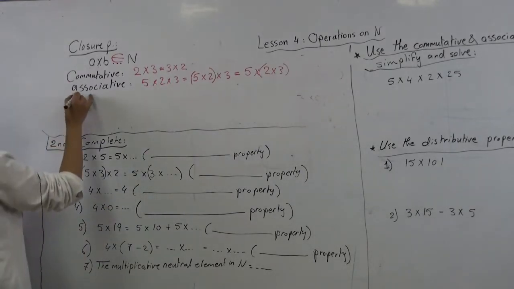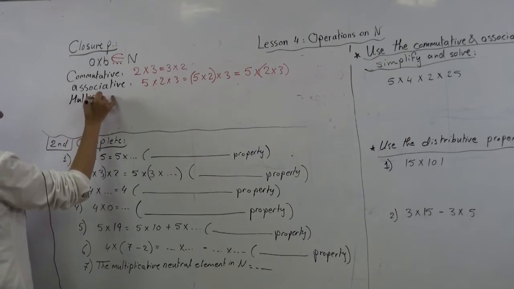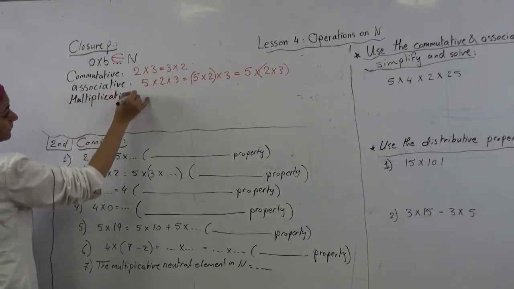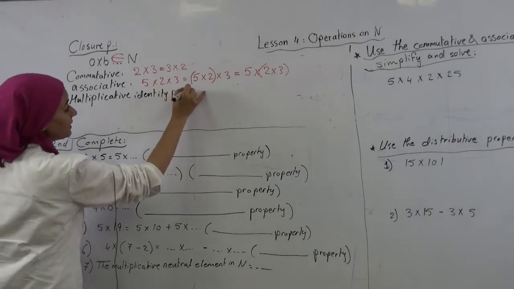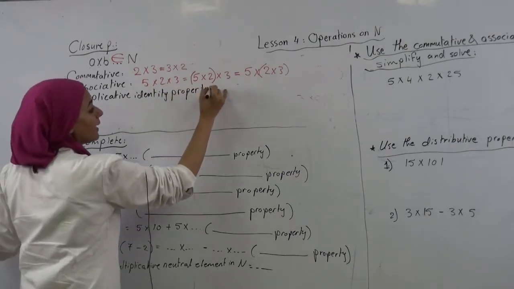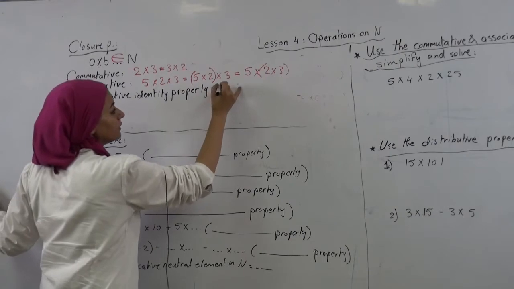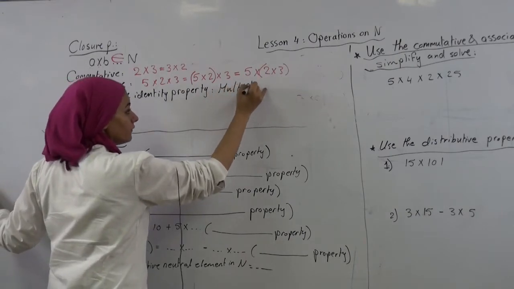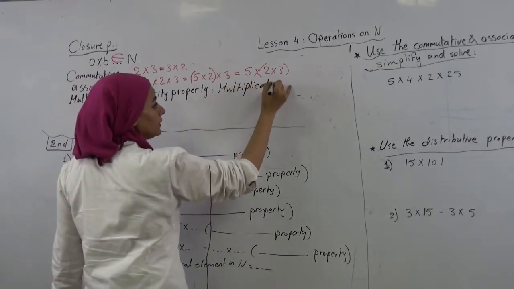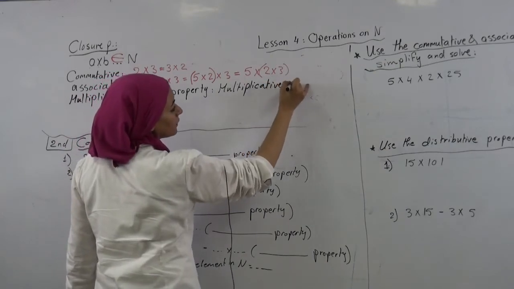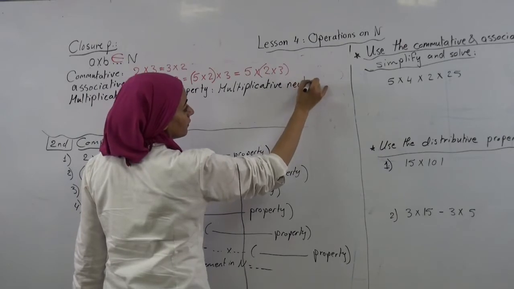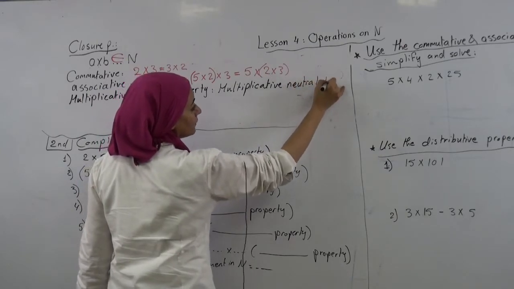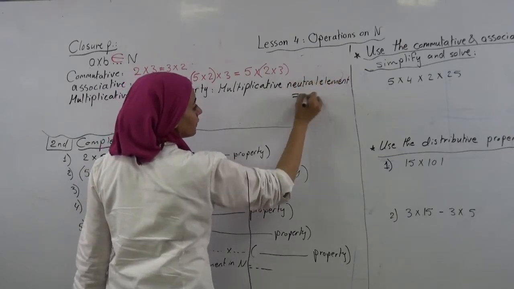We have a multiplicative identity property. The multiplicative identity property means that multiplication has a neutral element. It is called multiplicative. Neutral means it will never affect any number element, which is 1.